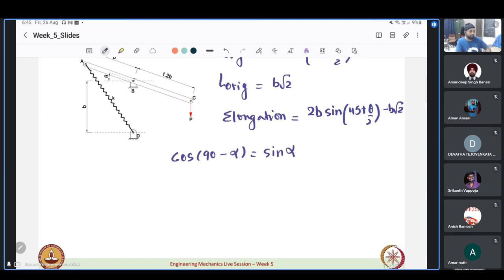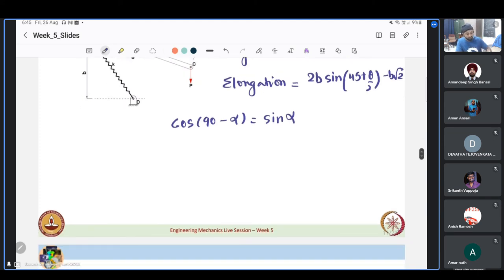This is an identity that we all know. So here, alpha is nothing but this angle. So in terms of cos, what will it come out to be? 90 minus alpha. Alpha is 45 plus theta by 2 and the minus cancels out. So this comes out to be cos of 45 minus theta by 2.